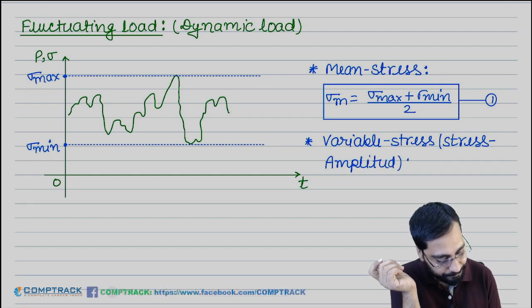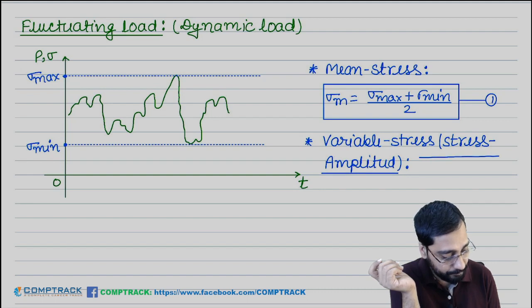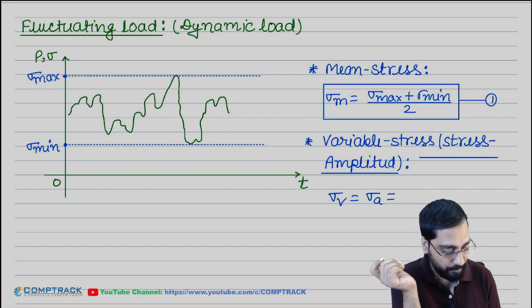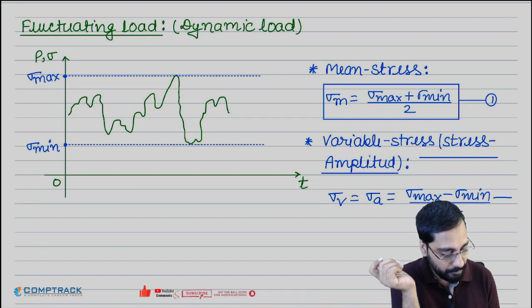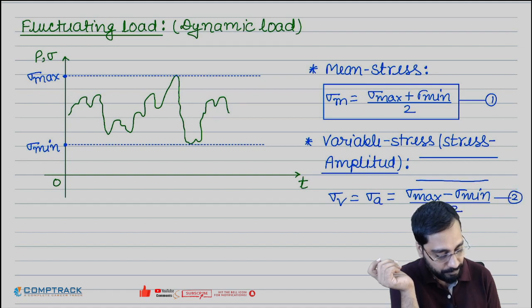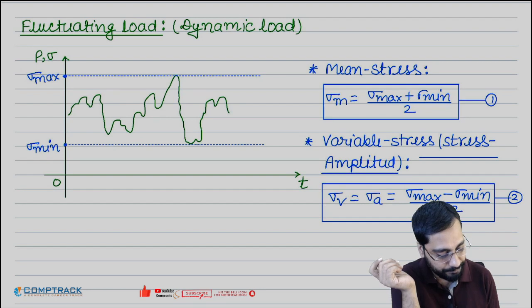So this will be given by sigma v or sigma a. It will be maximum minus minimum divided by 2.